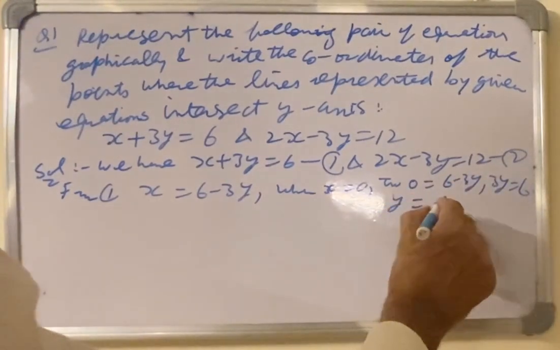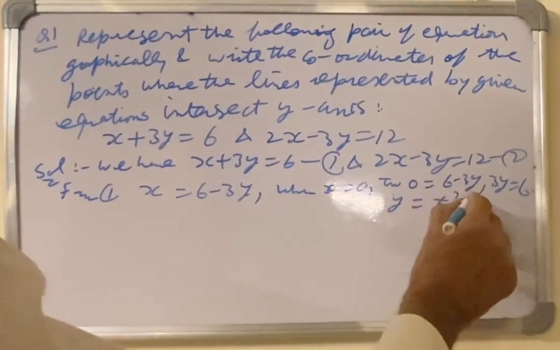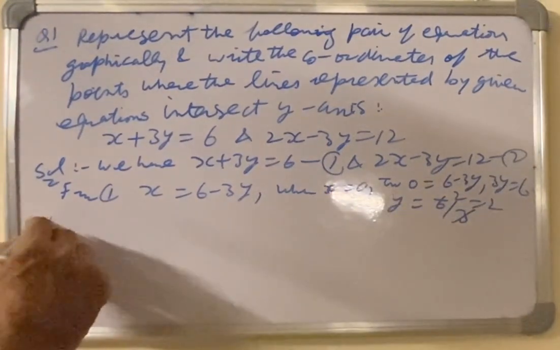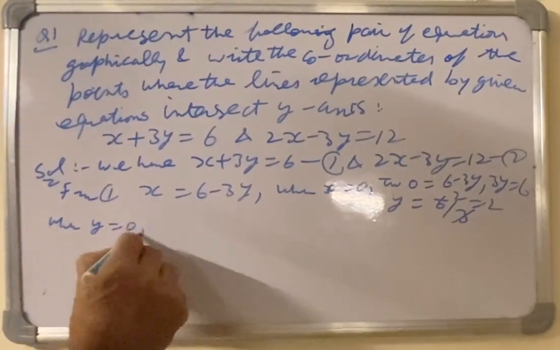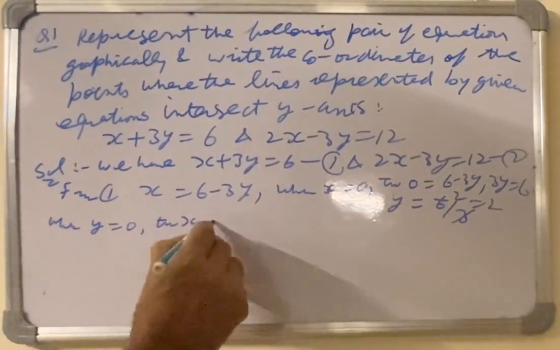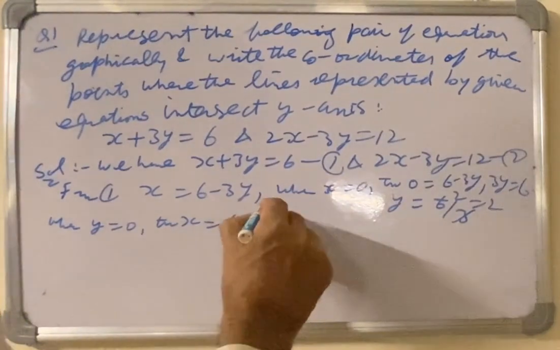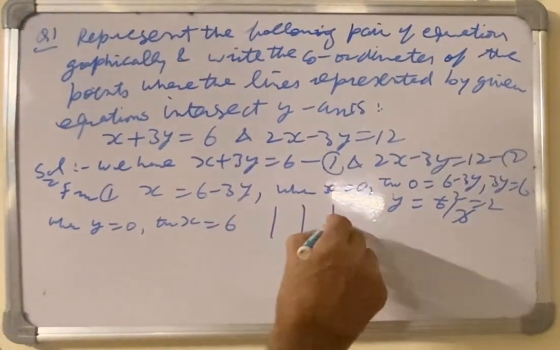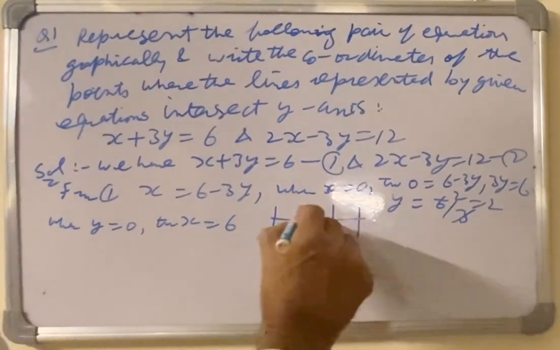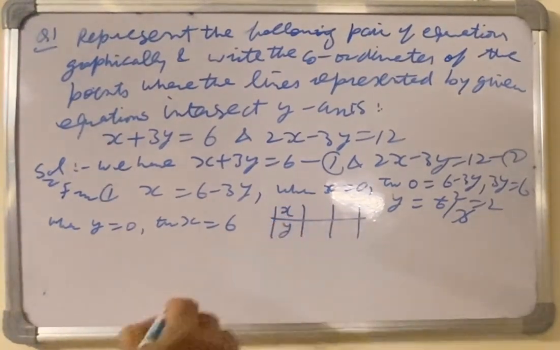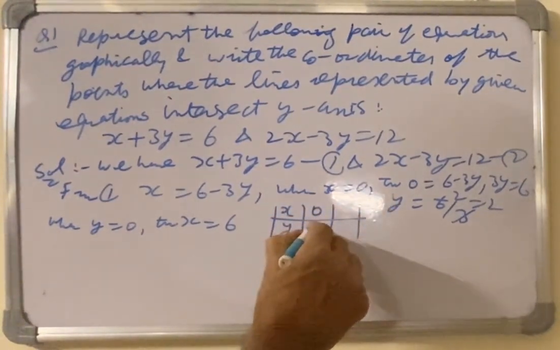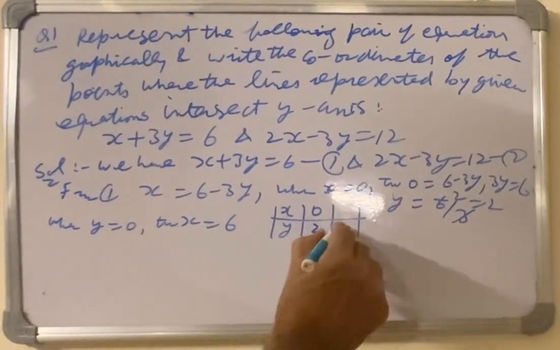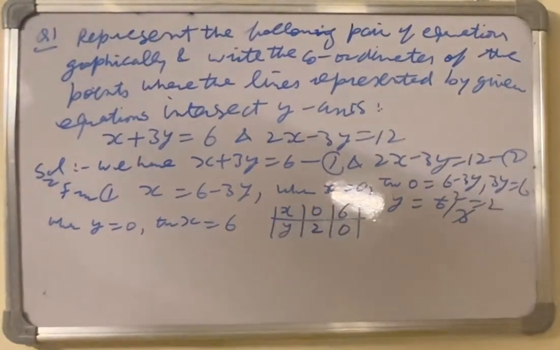Y is equal to 6 by 3, 2. When y is equal to 0, then x is equal to 6. So we have set of values of x and y for equation 1. When x is 0, y is 2. When y is 0, x is 6.